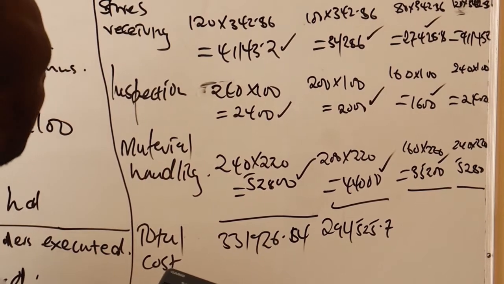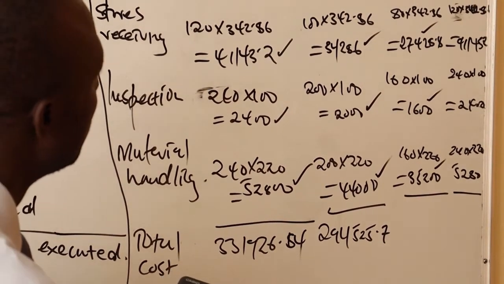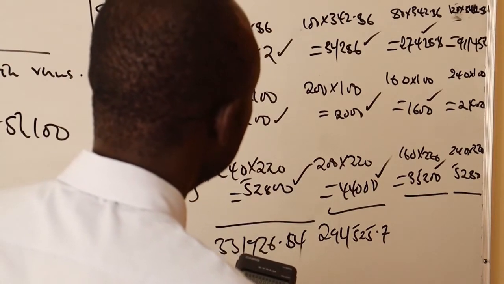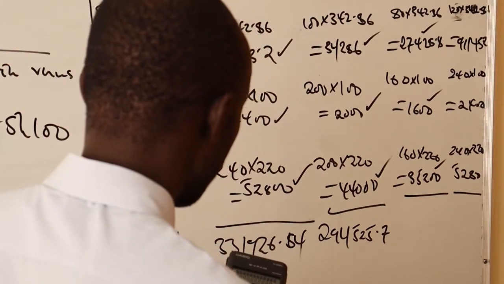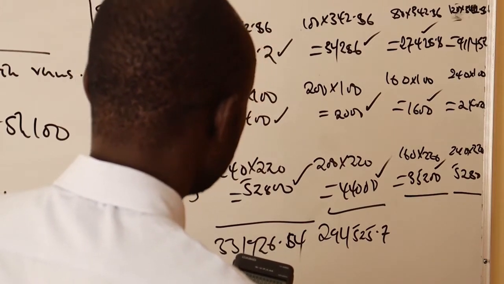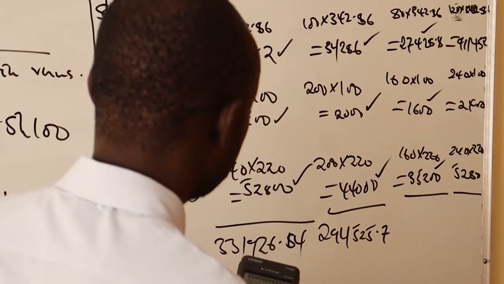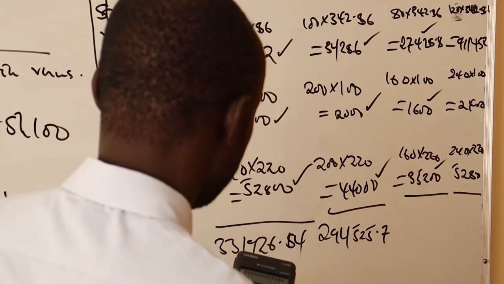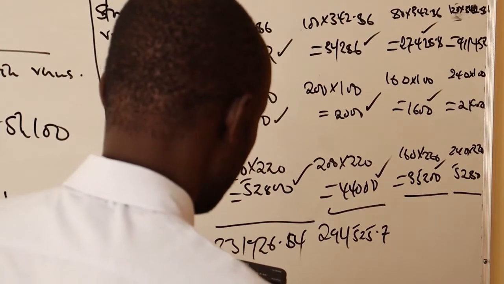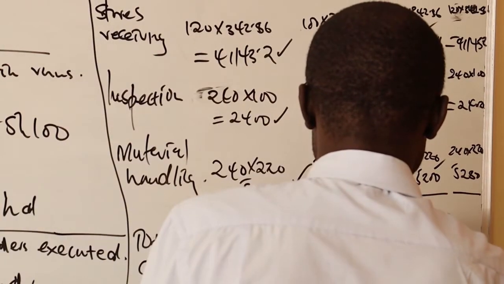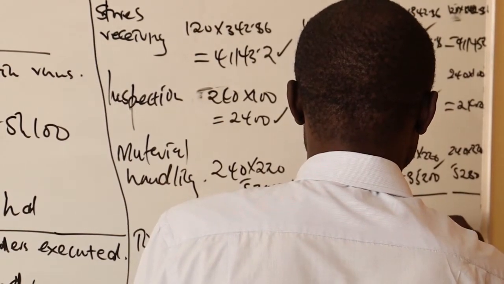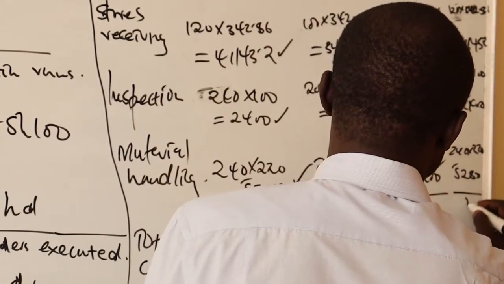So it will be 48,000 plus 22,400 plus 51,328 plus 40,000 plus 27,428.8 plus 1,600 plus 35,200. So the total is 22,596.8. Then this one is the last one.